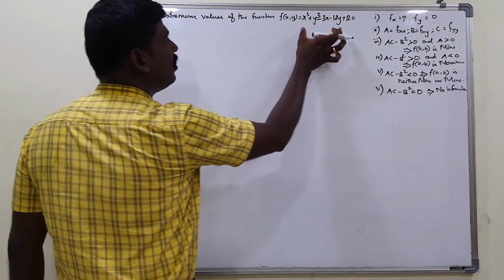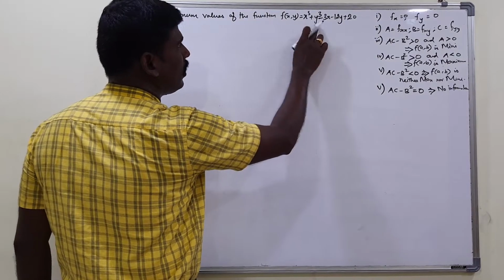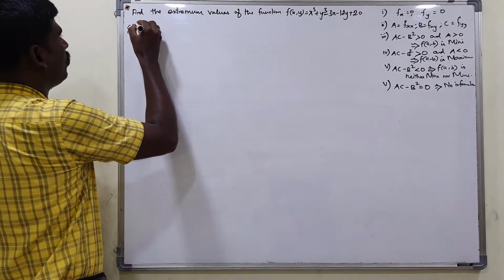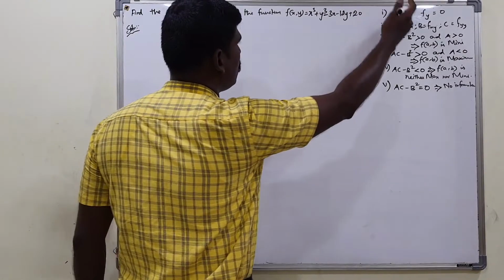What do you mean by extremum values? Maxima or minima. The given function is a function of two variables. There are two variables x and y involved in the given function. Solution: how to proceed with these steps?